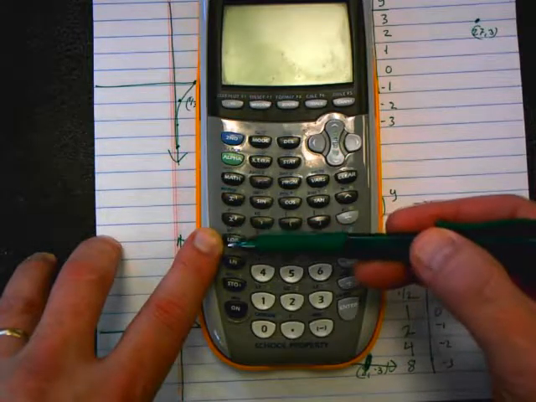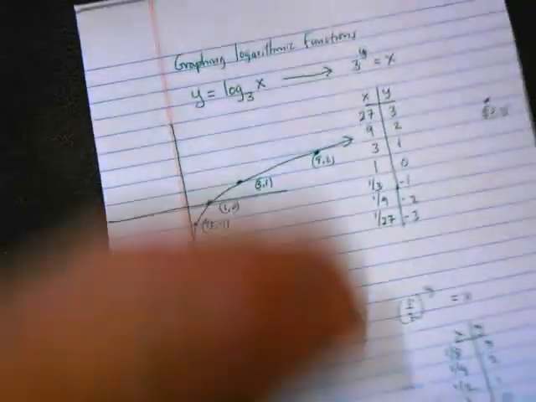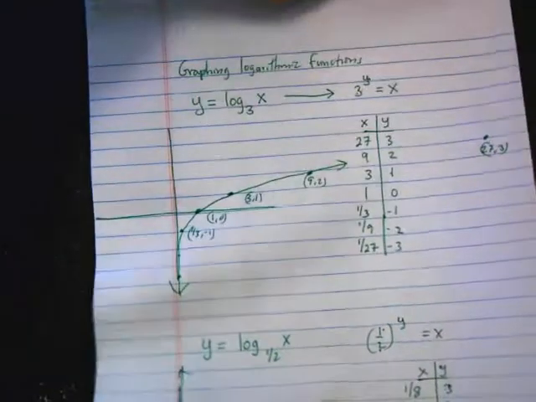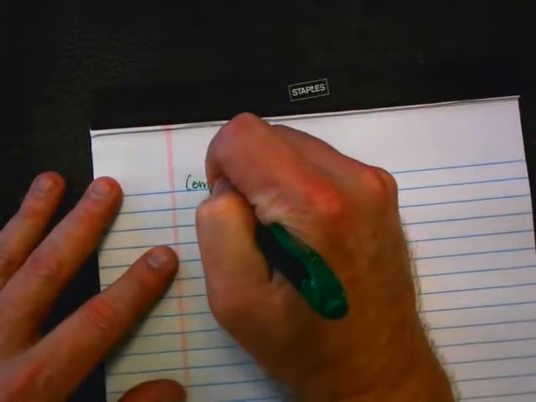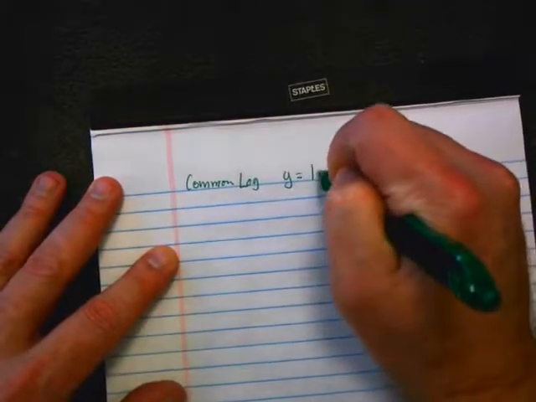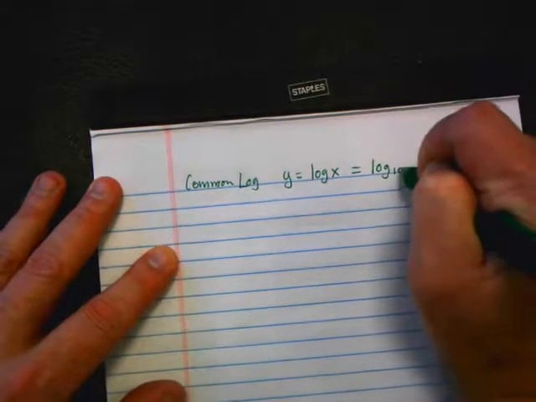So those are inverses. Those are put on the same button because they're inverses of each other. So on your calculator, the LOG button is called common log. It's typically written as log x, and it's shorthand for log base 10.